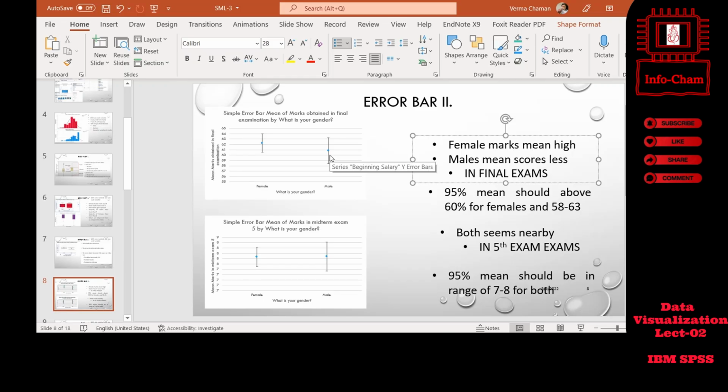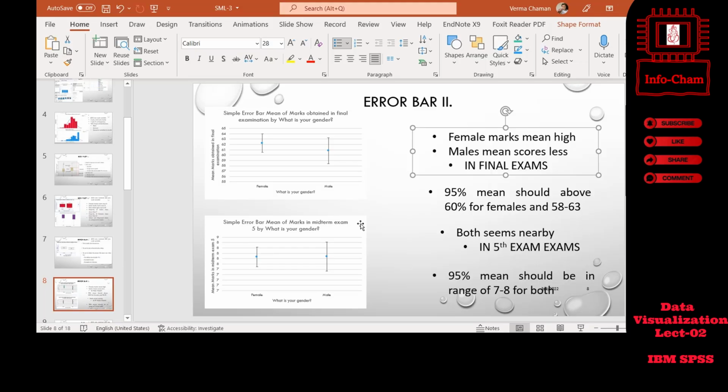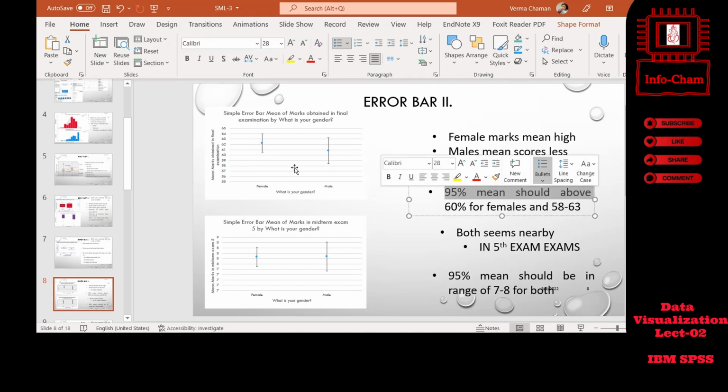I can have an idea only in the final exam. Now the 95% mean should be above 60%, and for female it should be around, in this example, around 58. Can you see what the lower range is here? Around 58, right? Up to 63 somewhere.